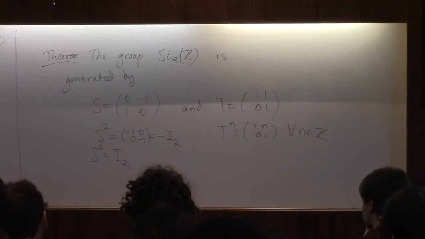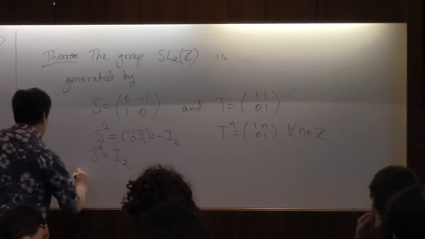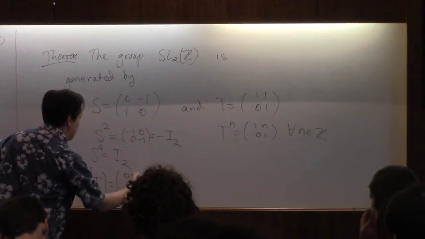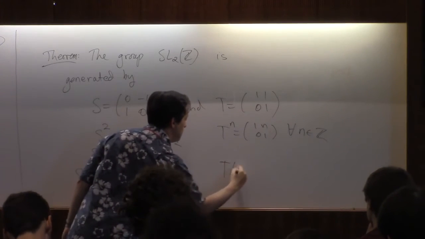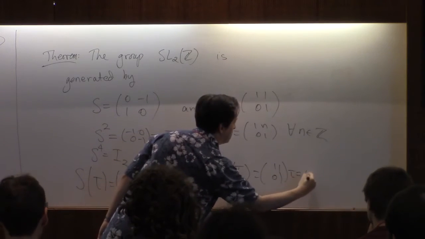You can give a very algebraic proof. We just do some matrix manipulations and reduce, reduce, reduce. But I also give a geometric proof using the action of these on the upper half plane. So let's write down what those are. S of tau, as we had before, is minus 1 over tau, and T of tau is tau plus 1.